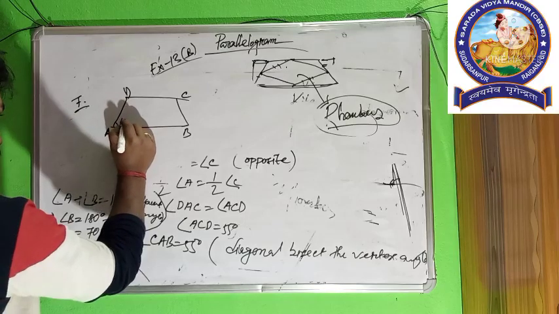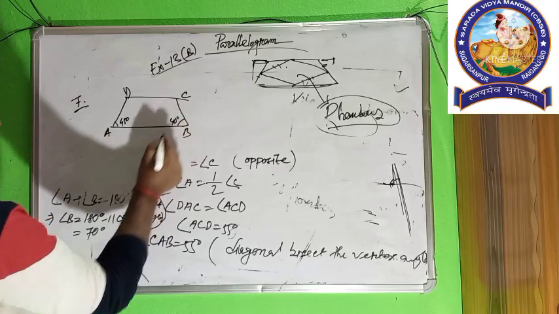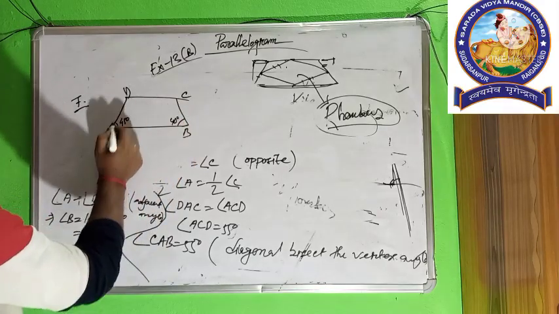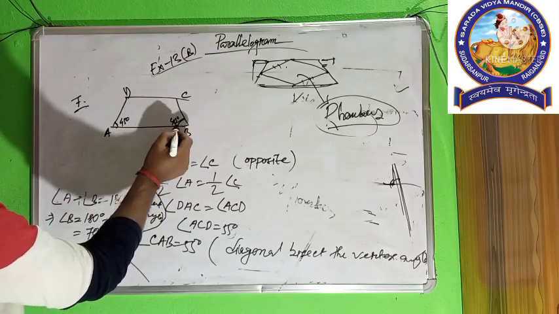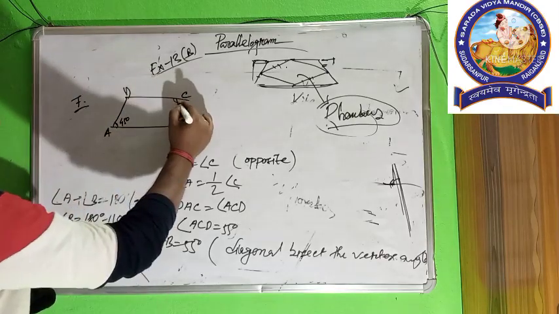Angle B also 40 degree. Therefore this angle and this angle are equal, so it is an isosceles trapezium. So angle C and angle D are also equal.